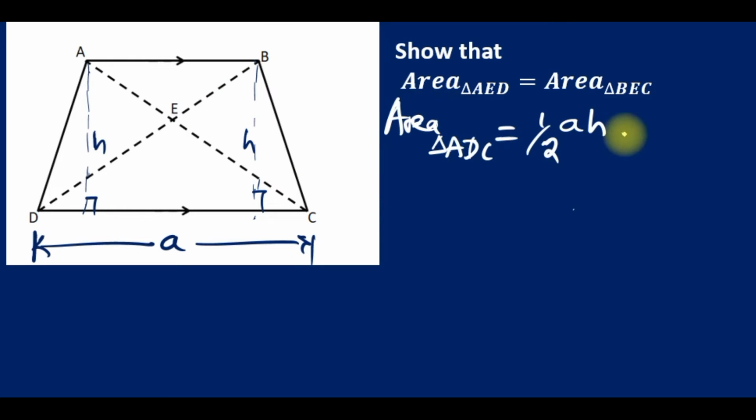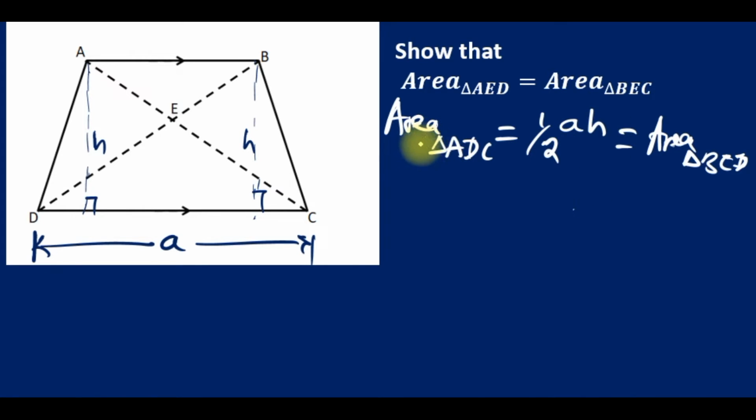Again, if you notice, the area of triangle BCD also has half A times height H. See, BCD, the same base, so half A times H.